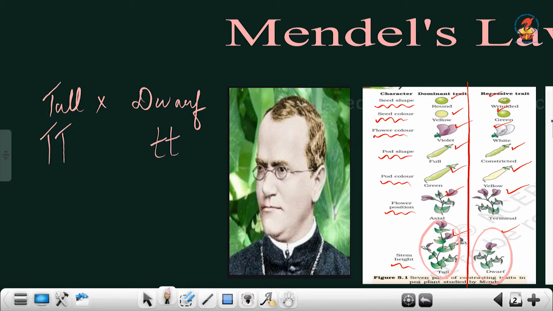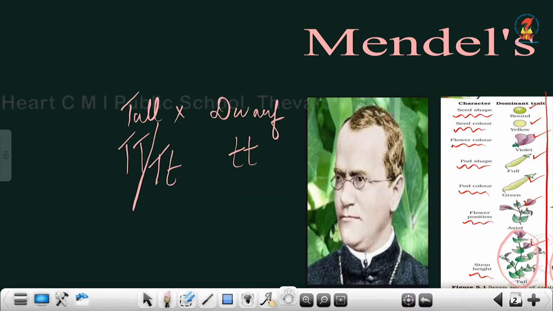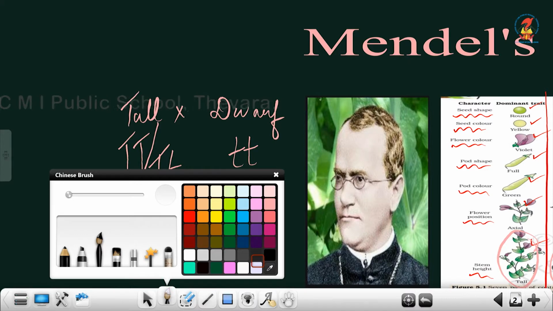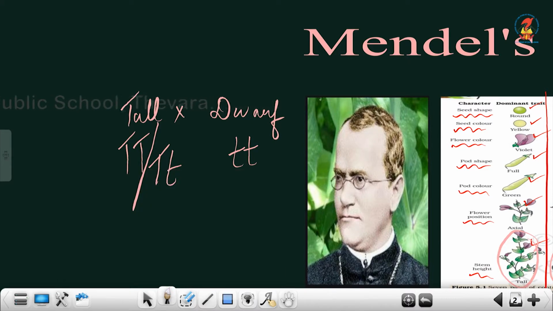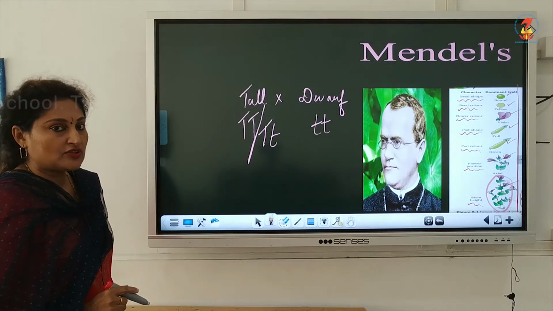Now, remember, there are 2 types of talls. Either capital T, capital T is a homozygous tall, or the other option is capital T, small t. This is a heterozygous tall. So, once again, when you are assigning the alphabets in genetics, it is based on the alphabet of the dominant trait.